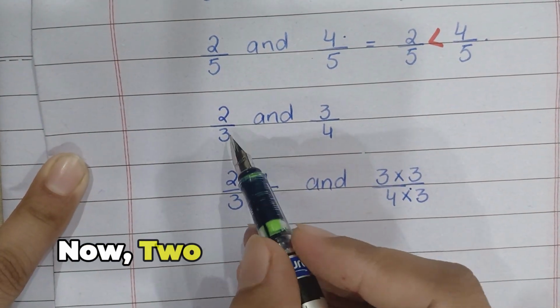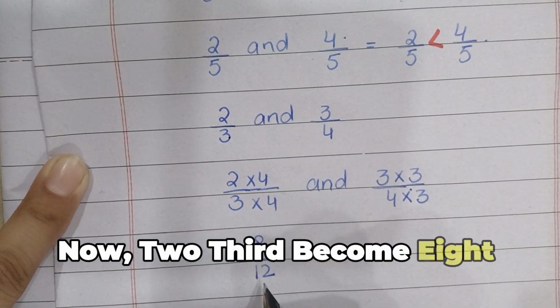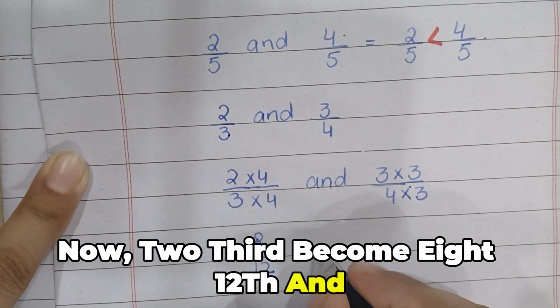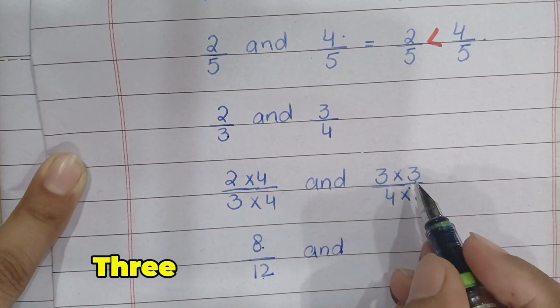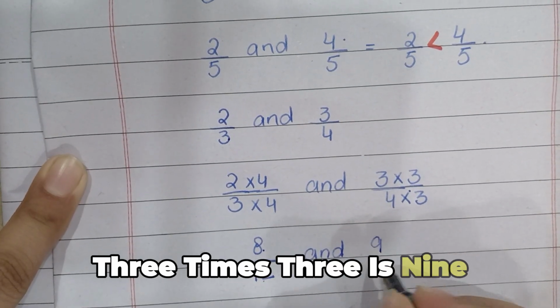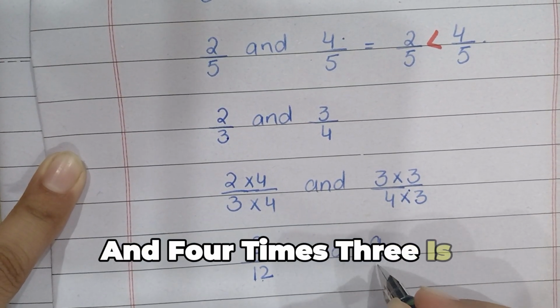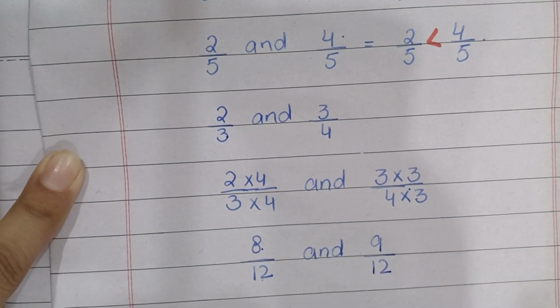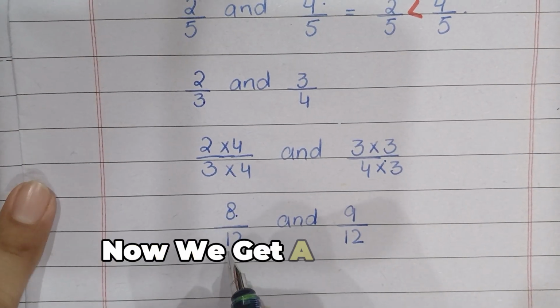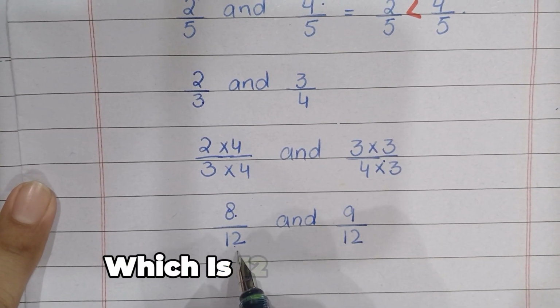Now 2/3 becomes 8/12 and 3 times 3 is 9 and 4 times 3 is 12. Now we get a common denominator, which is 12.